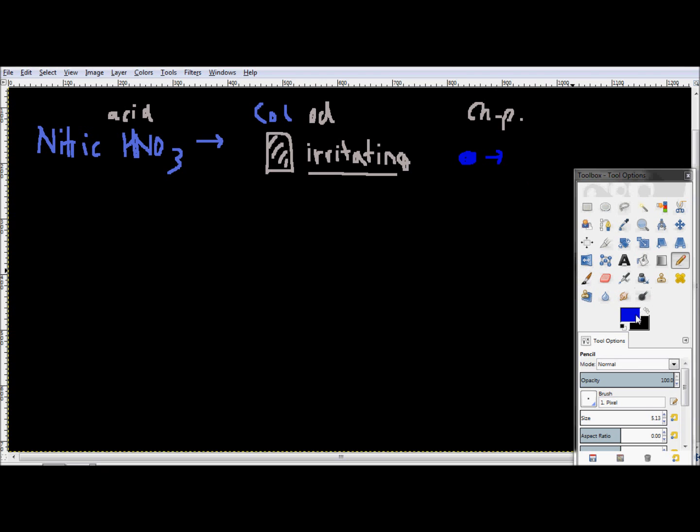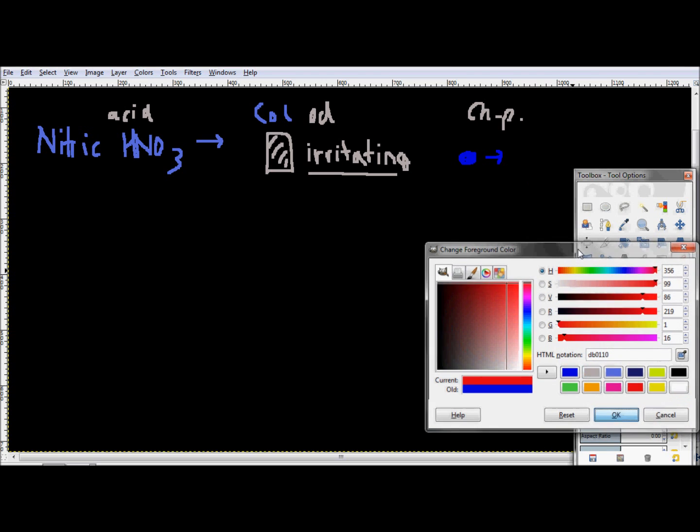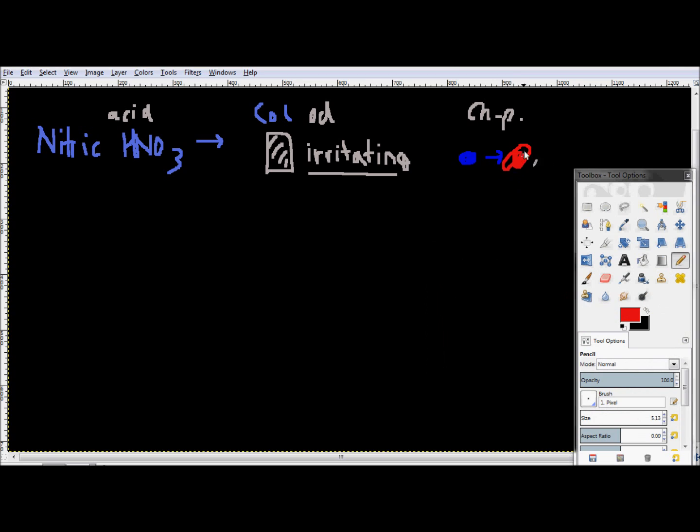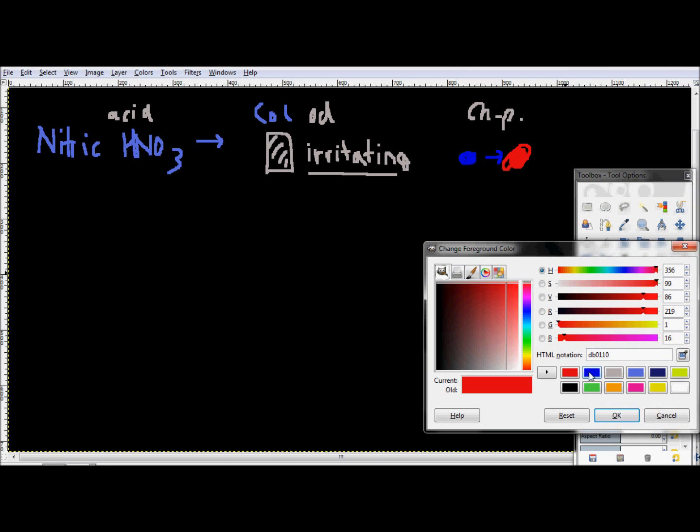It turns it to red. Okay, and also HNO3. Another special feature of this is that it turns potassium iodide paper brown.